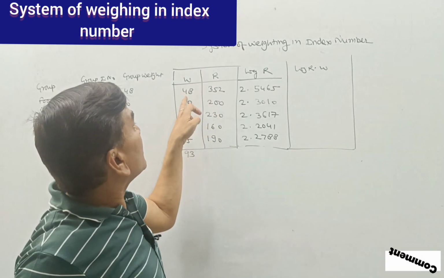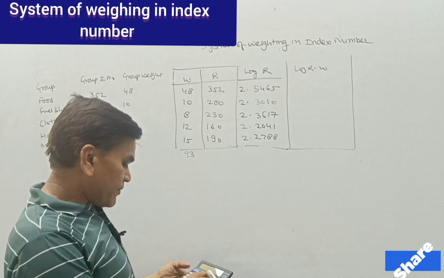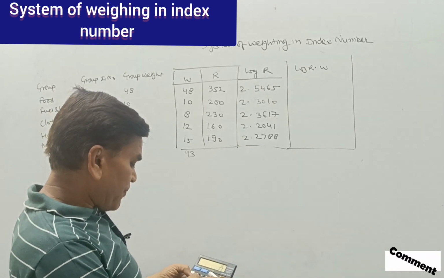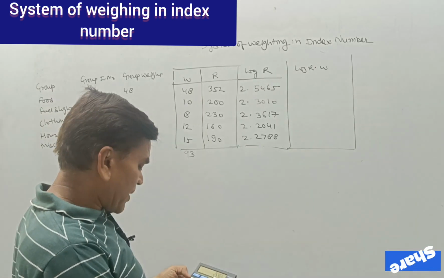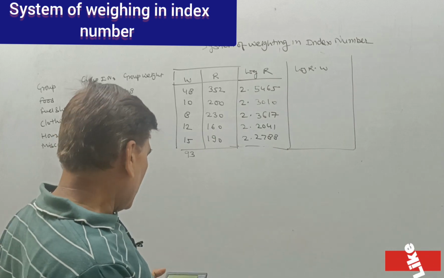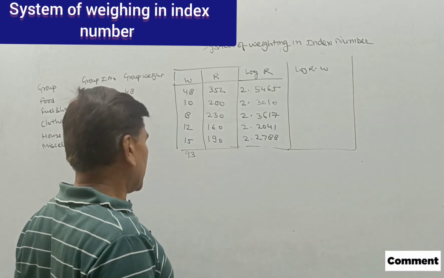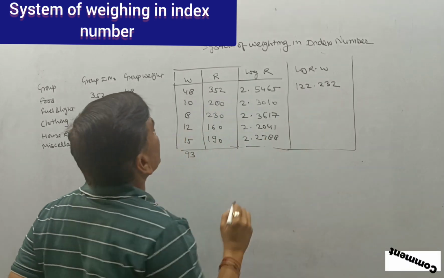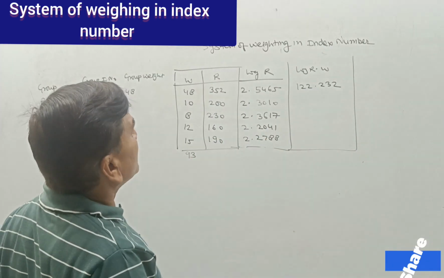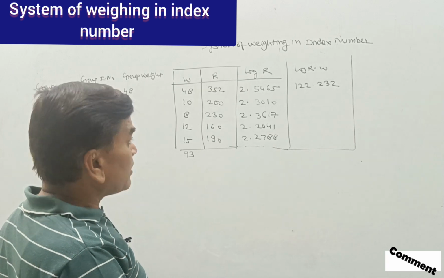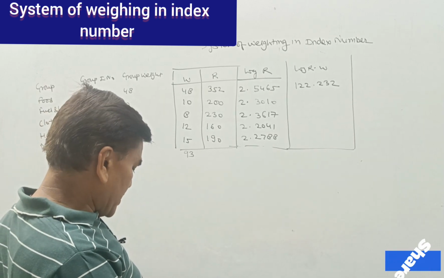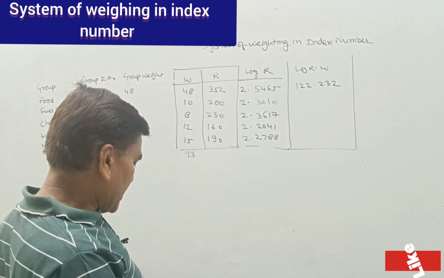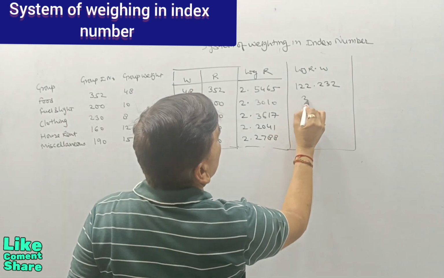First, 2.5465 multiplied by 48 is 122.232. Second, 2.3010 multiplied by 10 is 23.01.